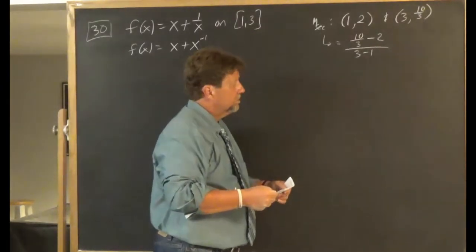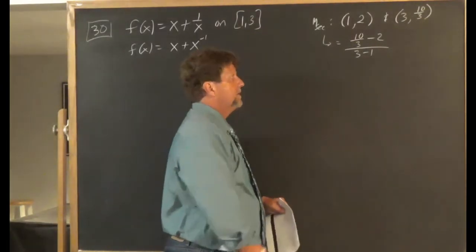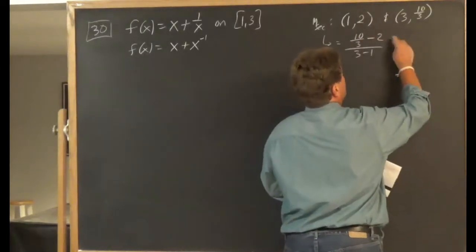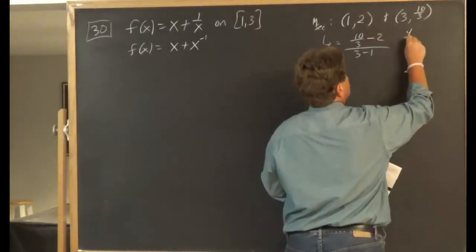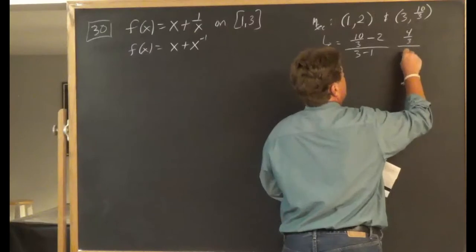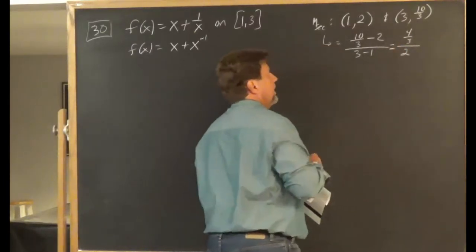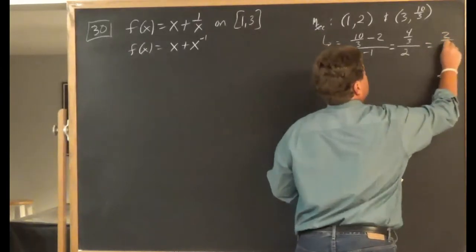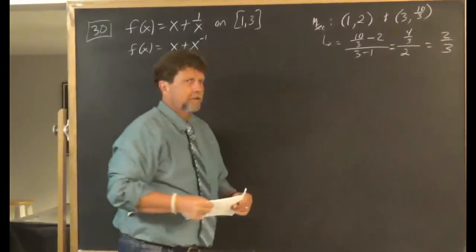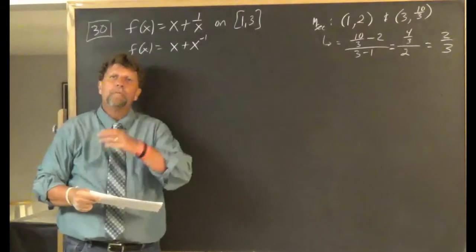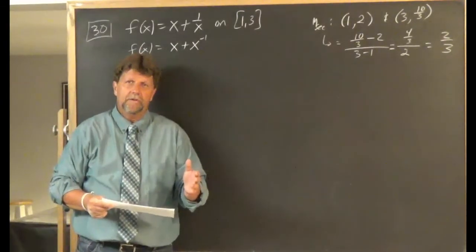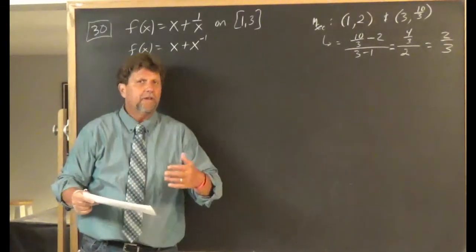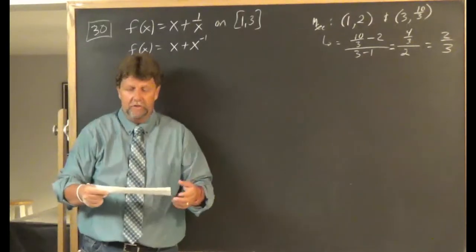And that's 10/3 minus 2. That's 4/3 over 2. And then 4/3 over 2 simplifies down to 2/3. So the slope of the secant line is 2/3. The average rate of change of the function on the interval 1 to 3 is 2/3.